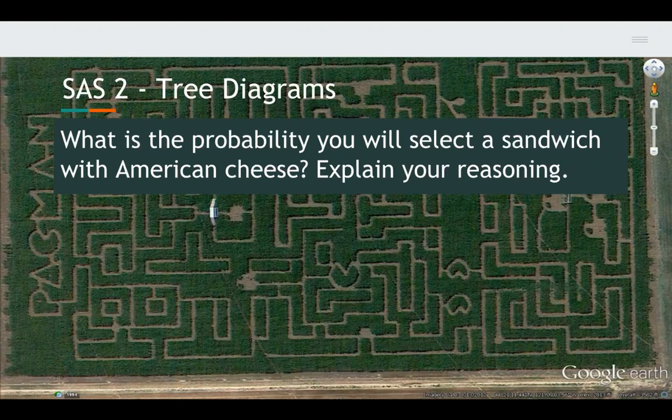What's the probability of selecting a sandwich with American cheese? Well, since bread or meat is not an option, we'll go straight through and just look at the different types of cheese. There's only 4 types of cheese, so I would assume that the answer is one of 4. One of the 4 cheeses is being used. That makes the probability 1 of 4.